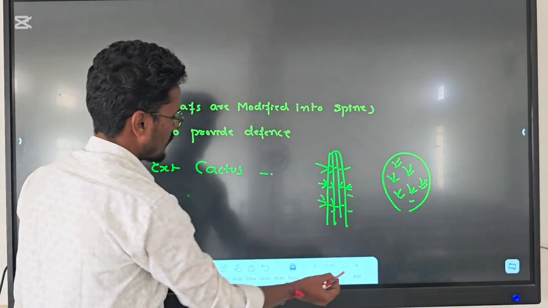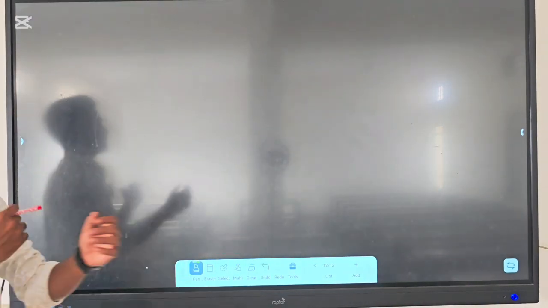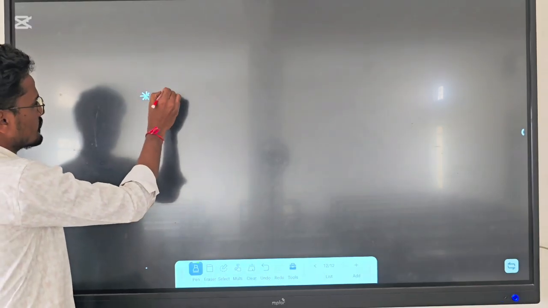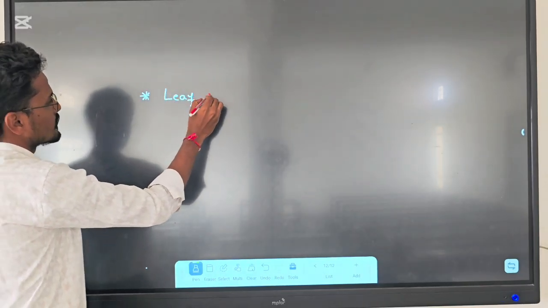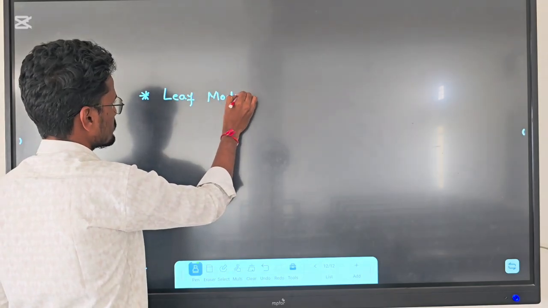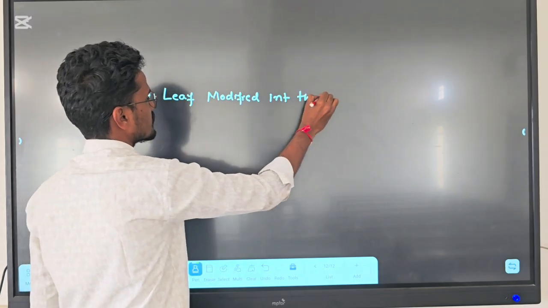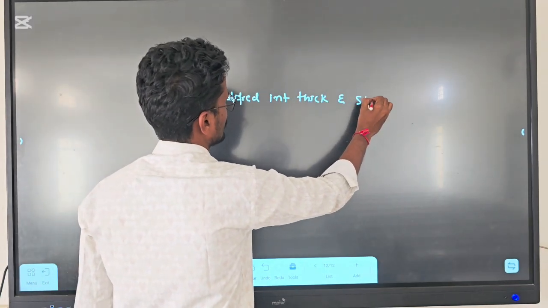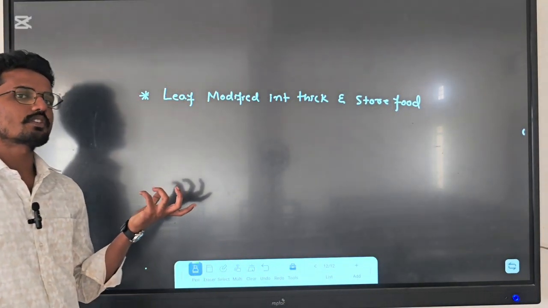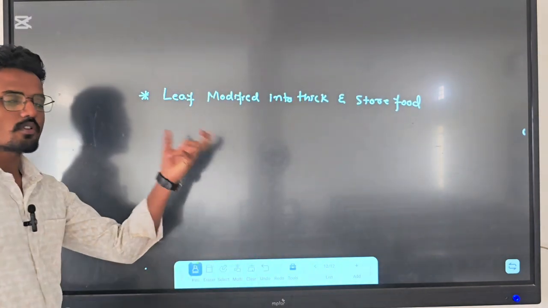Next, another type of leaf modification is there, where leaves modify themselves into thick structures to store food. In this type of leaf modification, leaves are modified into thick structures and they store food.